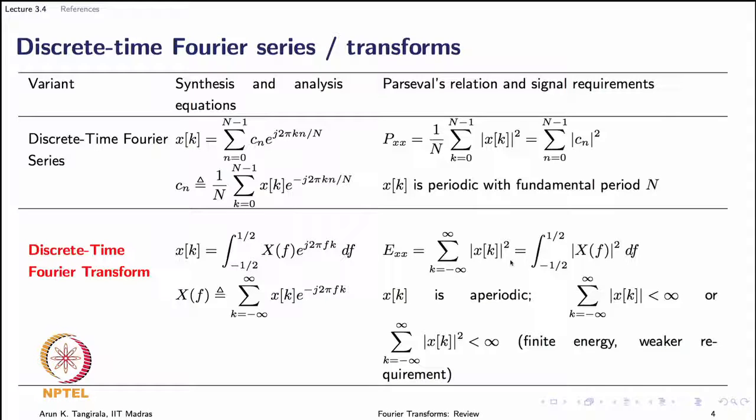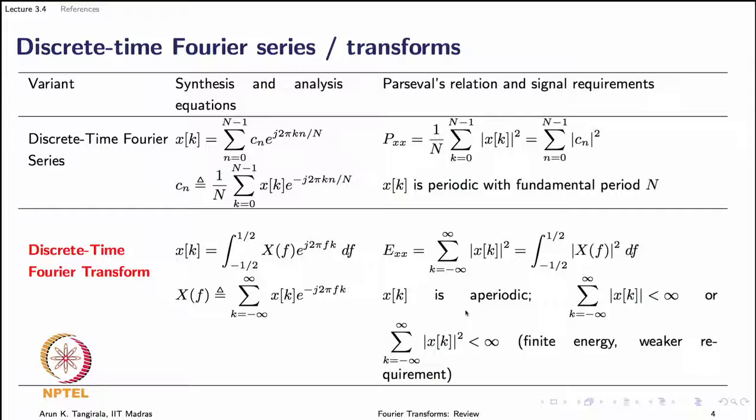Moving on to Parseval's relations, we have the energy spectral decomposition as expected: the area under the magnitude square of X(f) gives the total energy of the signal, and therefore, modulus X(f) squared acquires the interpretation of an energy spectral density.